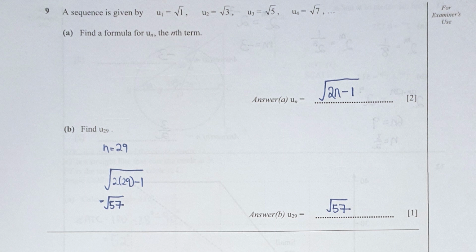All you need to do is check the variables given and the nth term. Identify the relationship, then you should be able to identify the answer. So when n is 29, it should be square root of 2 times 29 minus 1, which is square root 57.